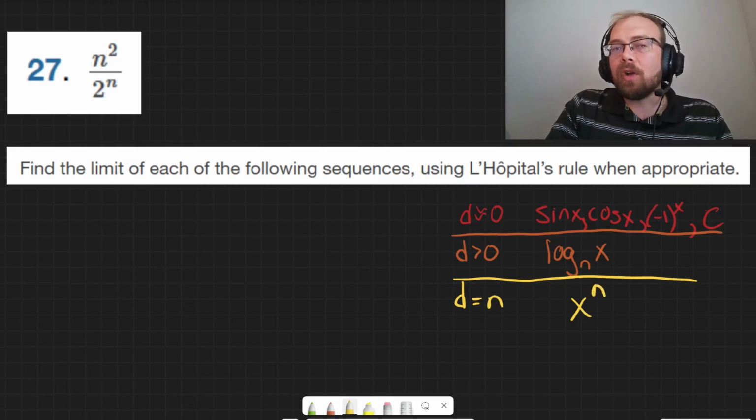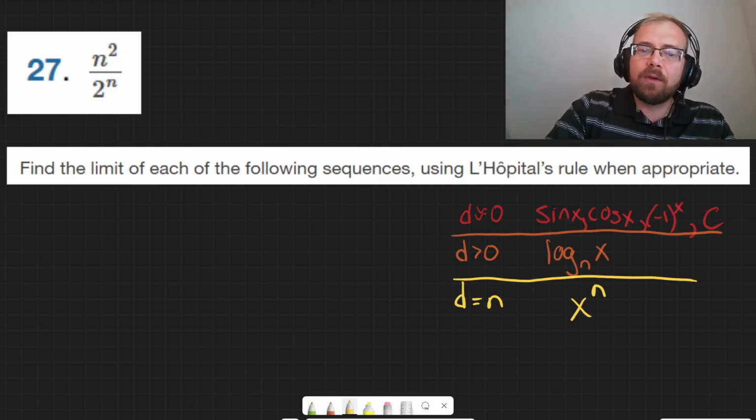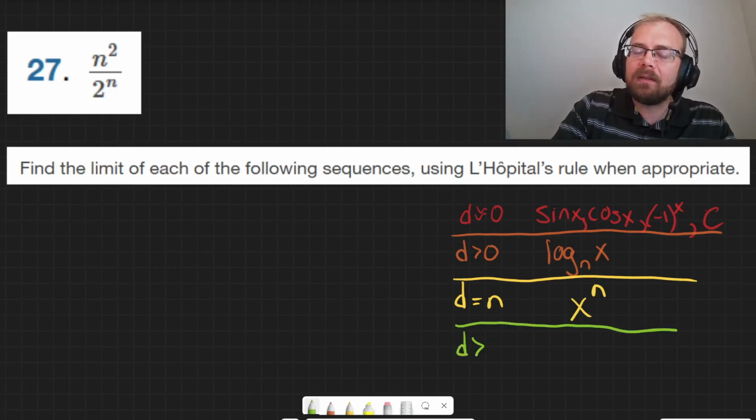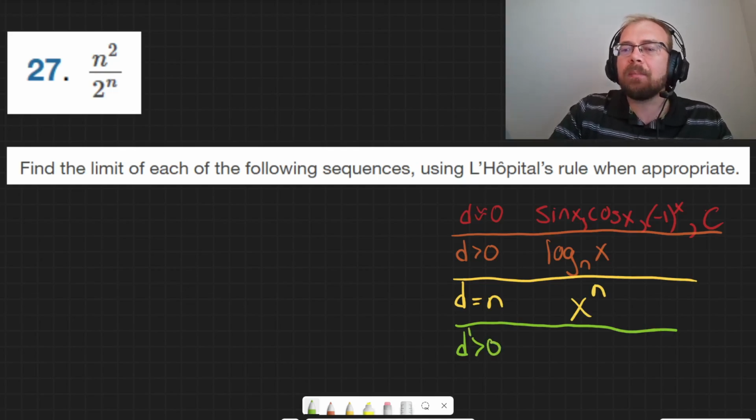So like polynomials and stuff, right? Then if you reverse it, you get exponentials, and the degree is increasing. The degree is getting bigger when you have exponentials.